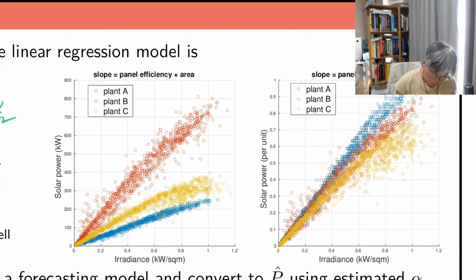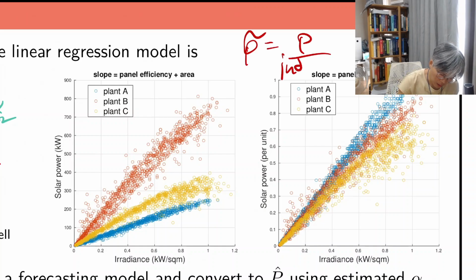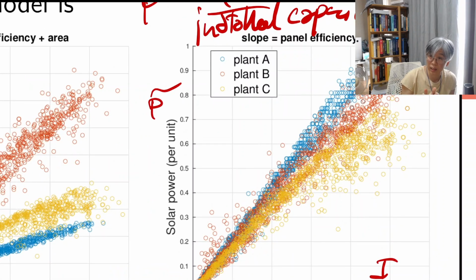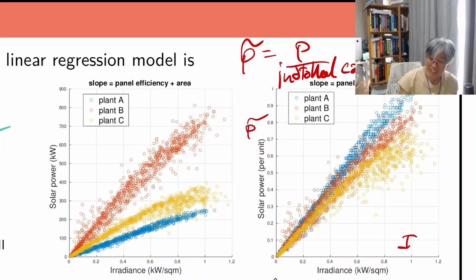What if I normalize the solar power? P tilde is P divided by installed capacity, so now it is unitless. If I make a scatter plot again between the normalized P and I, you will see that the scatter plots from the three locations tend to align more closely, because you get rid of the differences in the capacity of the system.